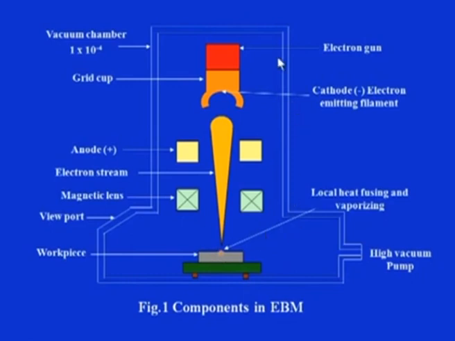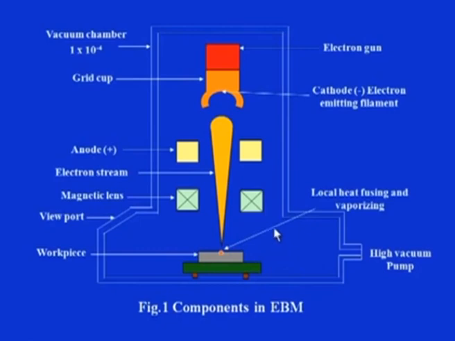The only critical thing here is the maintenance of vacuum. A high vacuum to the tune of approximately 10 to the power minus 4 torr should be maintained, and that is why this entire chamber is connected to a vacuum pump, and this vacuum can be monitored to maintain it at a particular level.